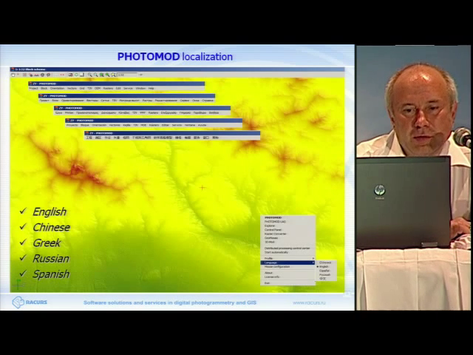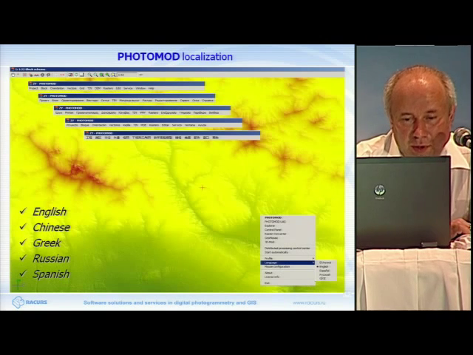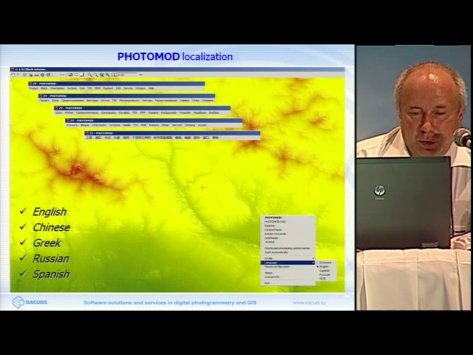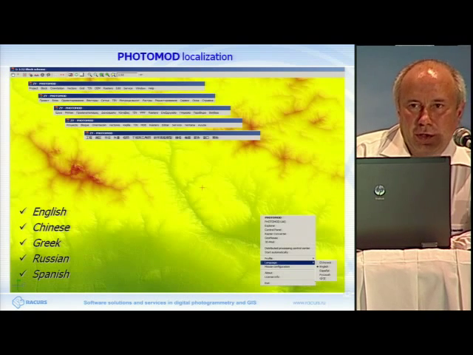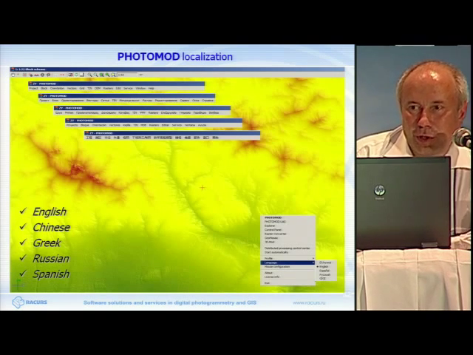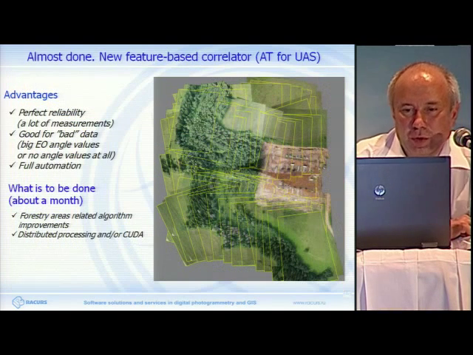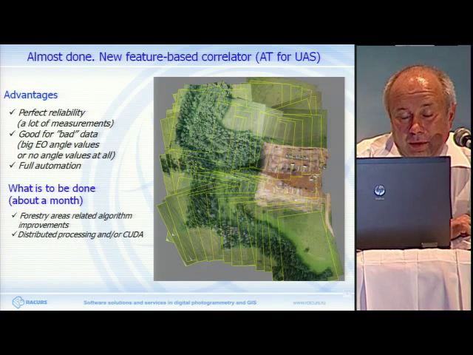As for localization, we've made a lot of progress. Now we have English, Russian, Chinese, Greek, and obviously Spanish, which is most important for this audience. This is what has been done.